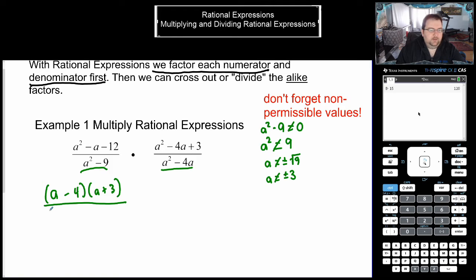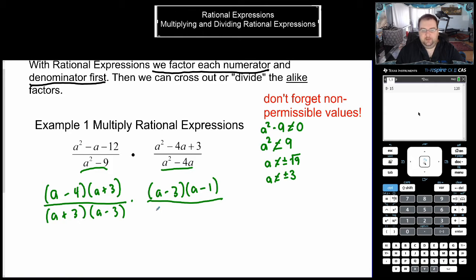And then down here is going to be a plus 3, a minus 3. And now you can see where we got the a equals plus or minus 3, right? It's from these two here. Multiplied by, this one's going to be a minus 3, a minus 1, and this is going to be a times a minus 4.